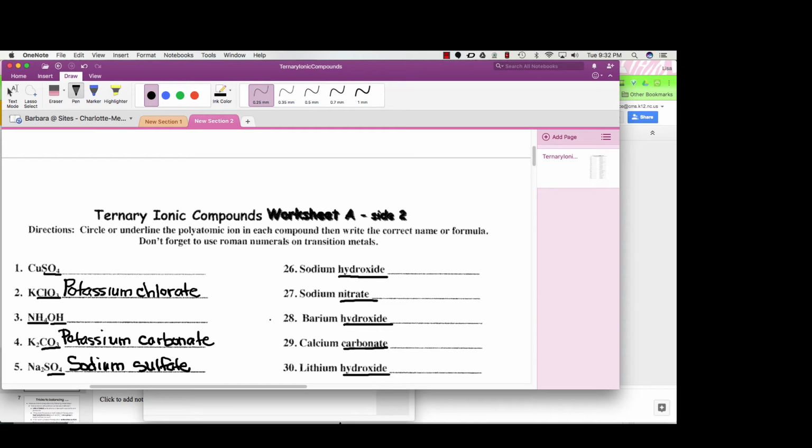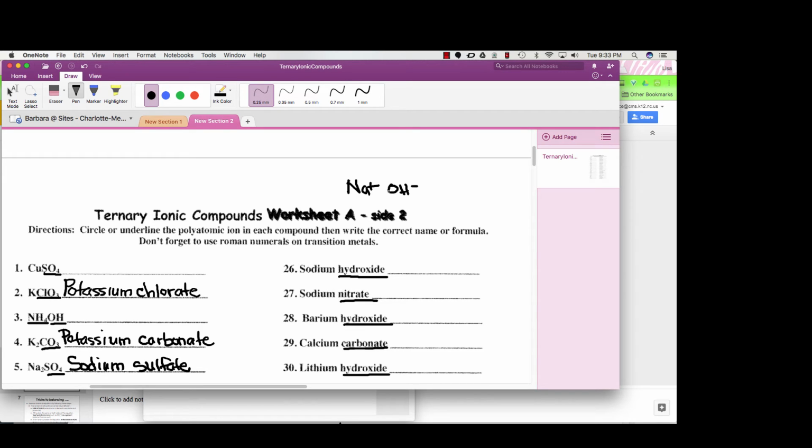Looking over here, again, we're just going to look at main group metals for the moment. So now, going to your periodic table, you'll see that sodium has a charge of +1. Look at the reference table, you'll see the hydroxide has a charge of -1. Remember we discussed in class that we keep the atoms in polyatomic ions together.